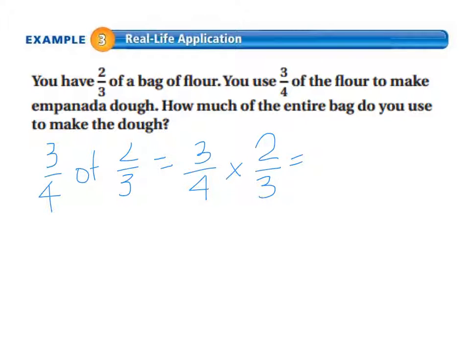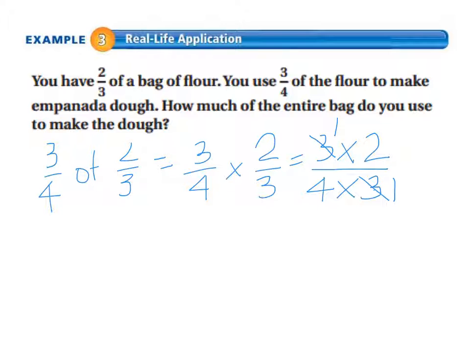And if we follow the key ideas from the last slide, that means that I'm going to say 3 times 2, multiplying my numerators, and 4 times 3, multiplying my denominators. The next step is to find common factors. I see there are 3's on both the numerator and denominator, so dividing by 3 over 3, 3 goes into 3 one time there, and 3 goes into 3 one time here.